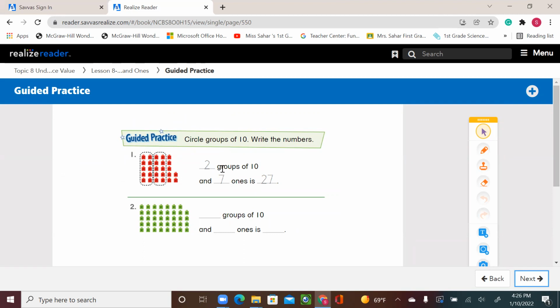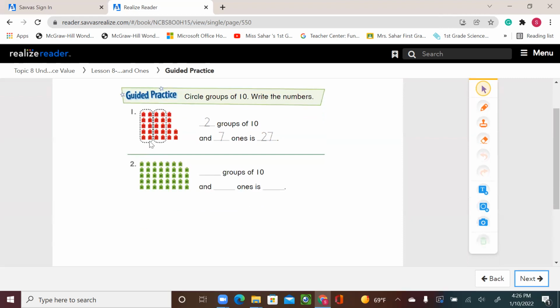Now I need to count the ones, the leftovers. 1, 2, 3, 4, 5, 6, 7. So I have 7 ones. So 10, 20, and 7 ones. That makes 27.